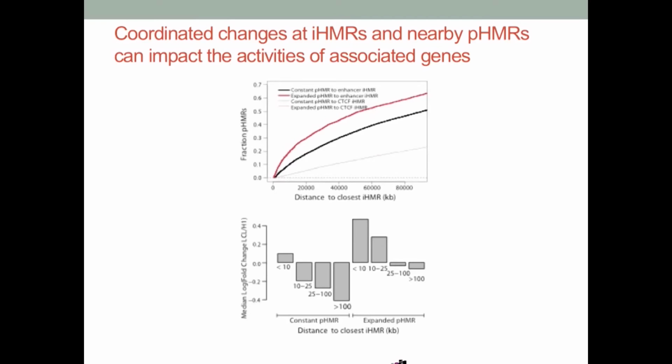It's striking that the ones furthest away are the ones that have the biggest effect, and for the expanded ones, the ones that get activated, it's the ones that are closest to the TSS. I'm not sure. Can you say it again?